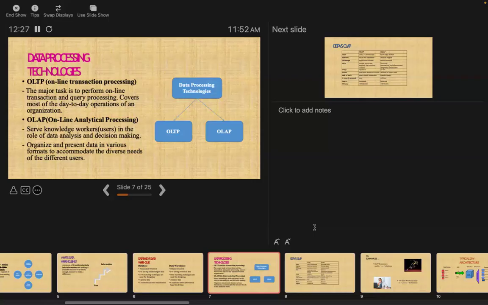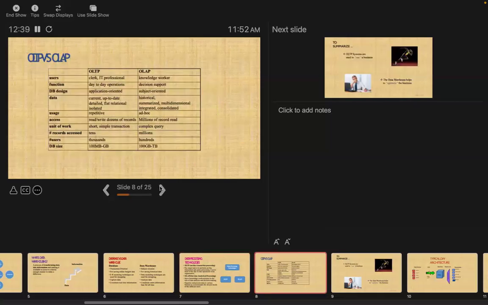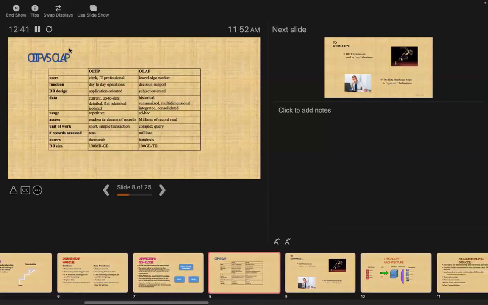So for this, we go for OLAP, and just for day-to-day tasks, we go for OLTP. But both of these techniques fall under what? Data processing techniques.